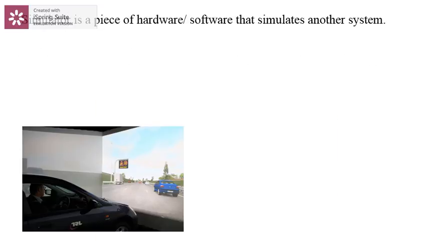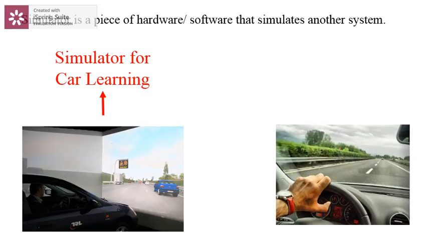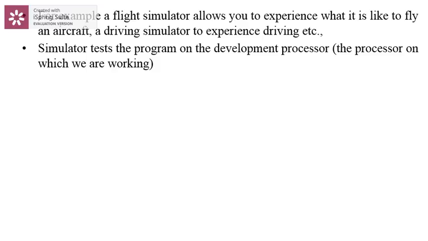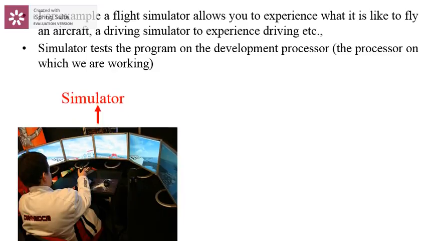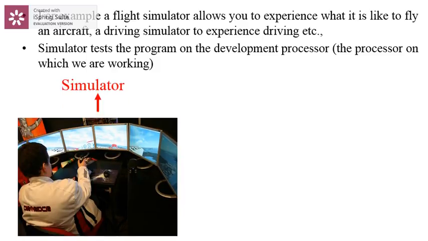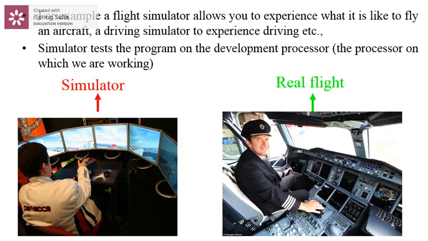A simulator is a piece of hardware or software that simulates another system. For example, a flight simulator allows you to experience what it is like to fly an aircraft, a driving simulator to experience driving, etc. A simulator tests the program on the development processor, the processor on which we are working.